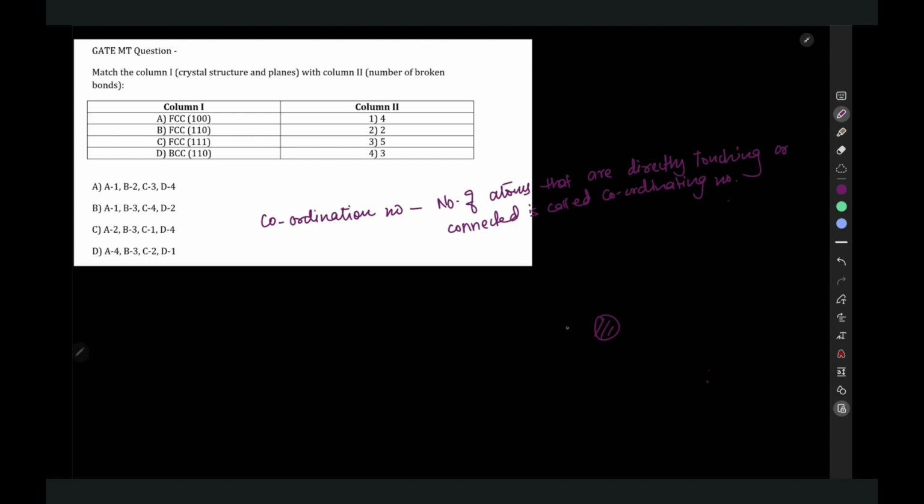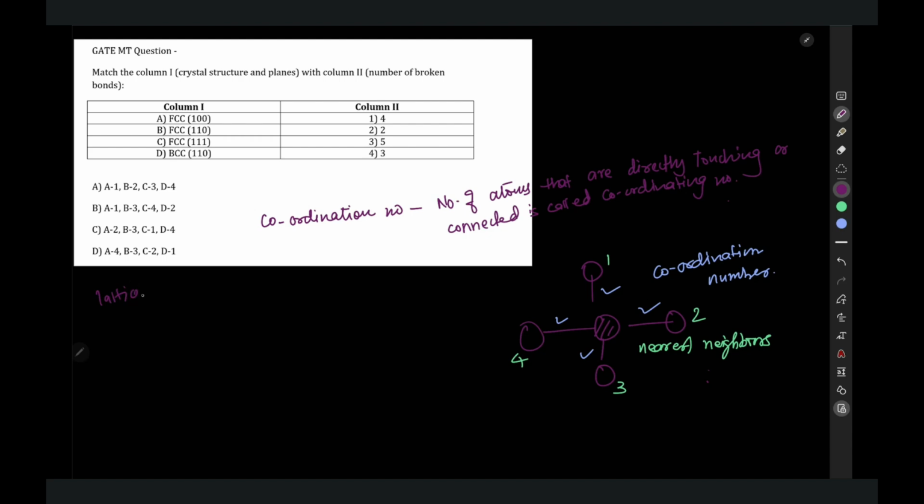Suppose that there is a 2D diagram in which a central atom is connected to 4 different atoms. Then these 4 different atoms 1, 2, 3, 4 are the nearest neighbors. These 4 bonds is called coordination number.